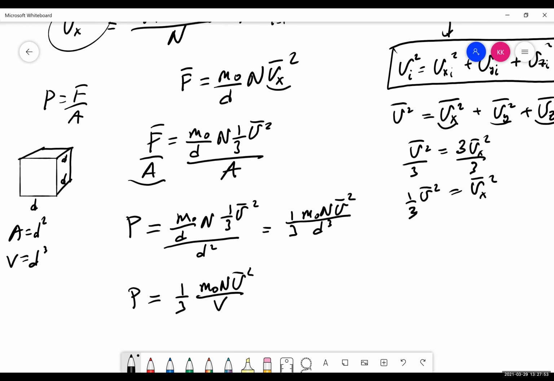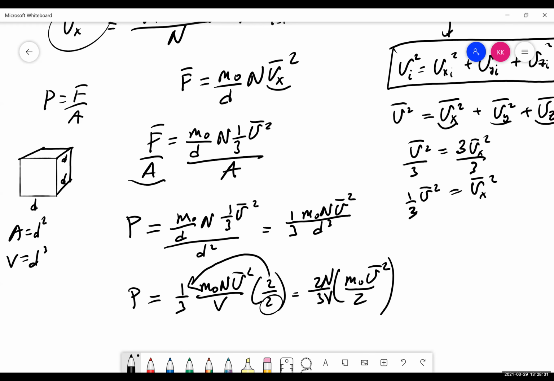Now, one thing I can also do here is just manipulation. I'm going to multiply both sides by 1, but on the right side, that 1 is going to be 2 over 2. So that in no way changes the structure of my equation. If this 2 goes right there, it becomes 2 over 3, and then I have mass times average velocity square, and this other 2 goes here.